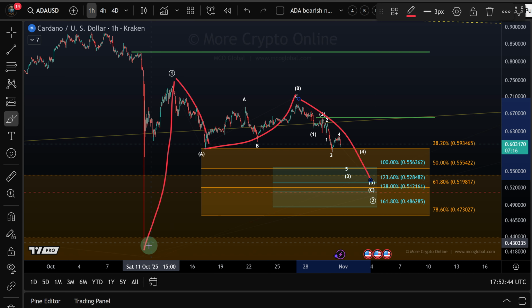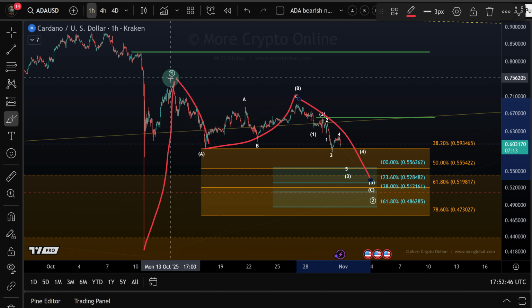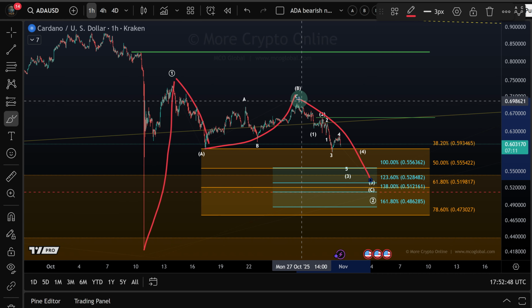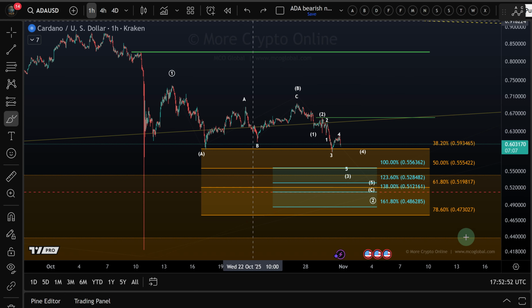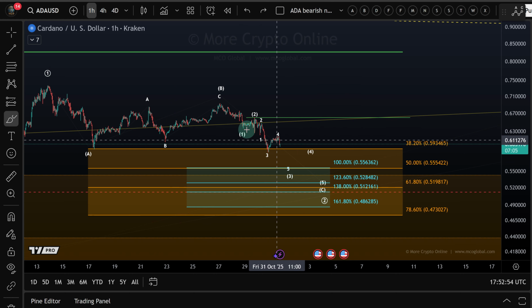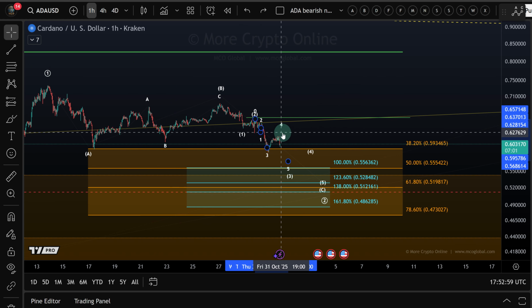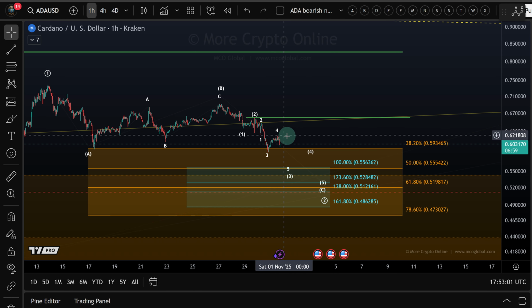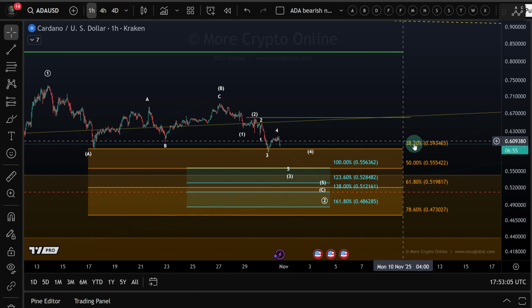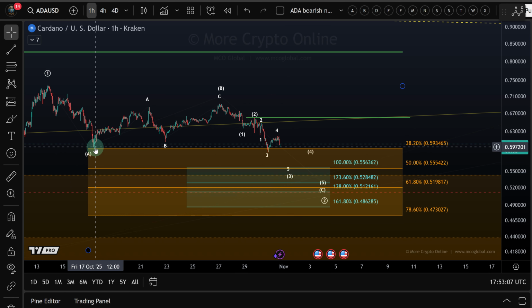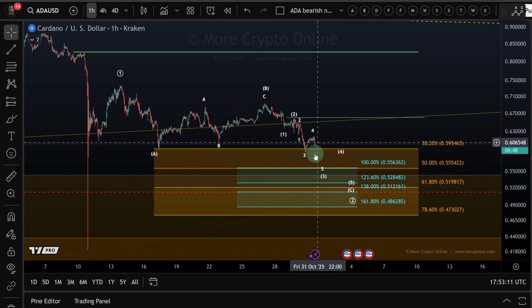However, it's possible this is a 5-wave move up, and then an A, B, C to the downside is what I'm tracking. For now, looking at microstructures, it's entirely possible that the market is following this impulsive decline, even with this bounce from the support area, the same support area where we bounced already on the 17th of October.